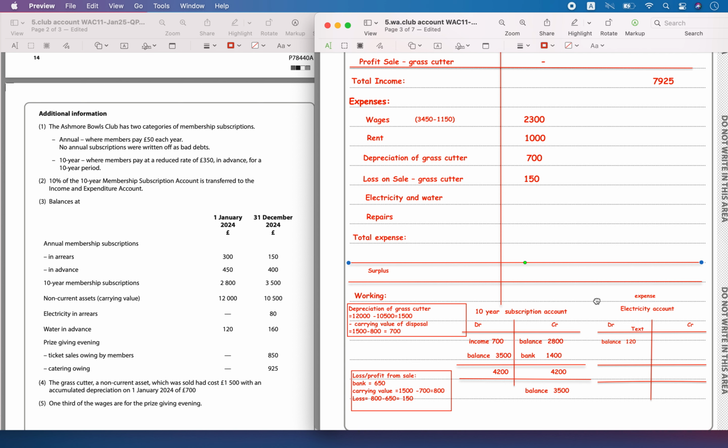So anything paid, prepaid will appear on this side, and anything owed or the arrears is going to appear on the opposite side. So advance is prepaid, so balance was 120, and it also had an ending advance balance of 160.